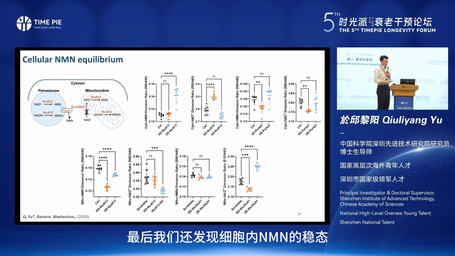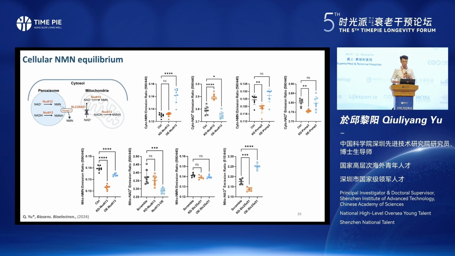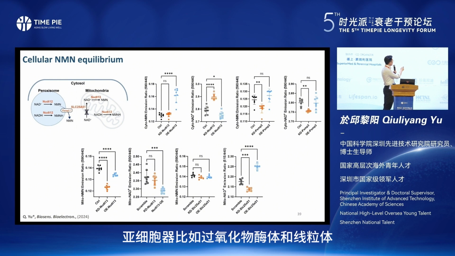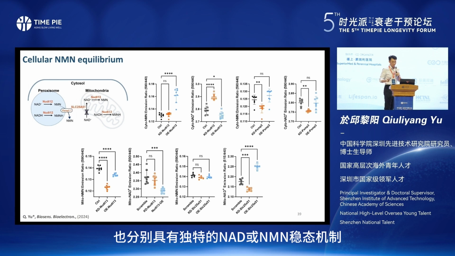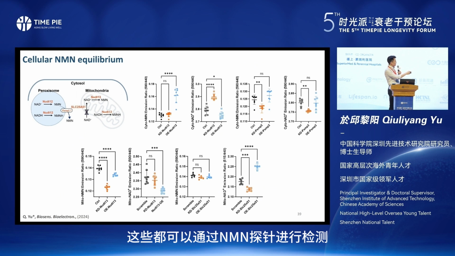And lastly, we showed that the NMN equilibrium in the cells can actually be controlled by many other pathways. So it's not just supplementation of NMN that modulates the process, but subcellular compartments such as peroxisomes and mitochondria, which all have very peculiar NAD or NMN homeostasis, and all this can be elucidated using the NMN sensor tool.